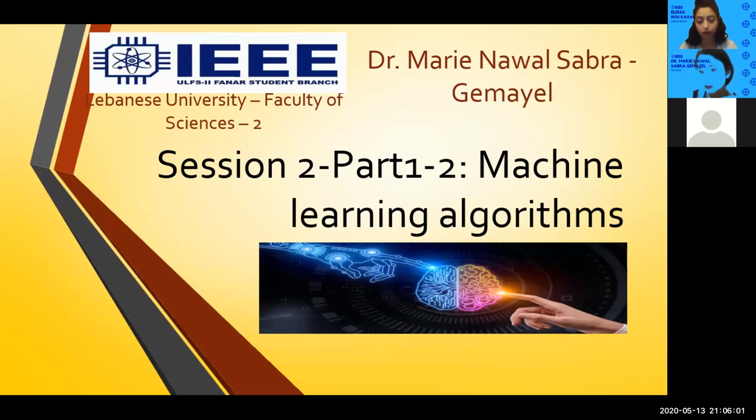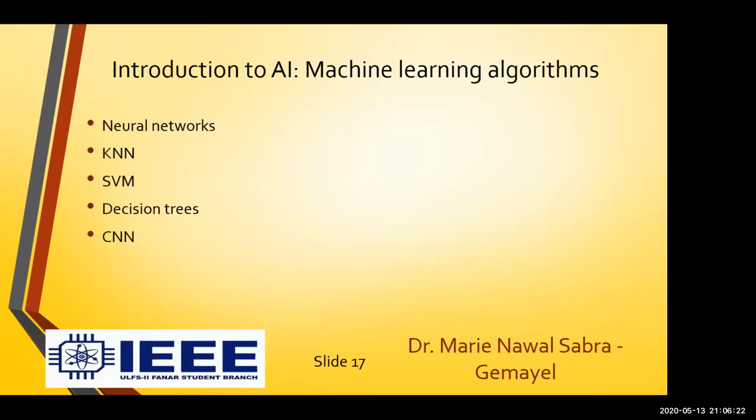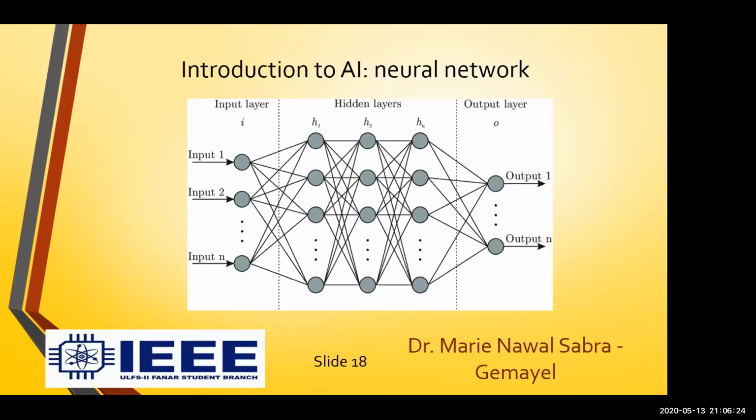So when you talk about artificial intelligence, you are actually talking about machine learning. Here we are going to cover some of the basic learning algorithms: neural networks, KNN, SVM, decision trees, and CNN. We are going to see some applications on neural networks.